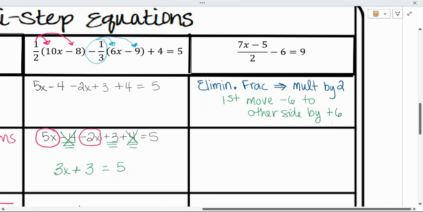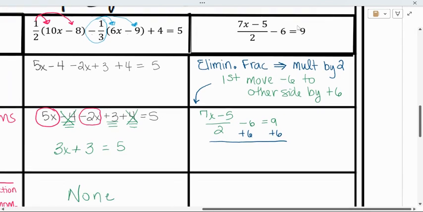So I'm going to rewrite this problem. So I have 7x minus 5 all over 2 minus 6 equals 9. And I'm going to do this step first. I'm going to add 6 to both sides. I have to do that first.